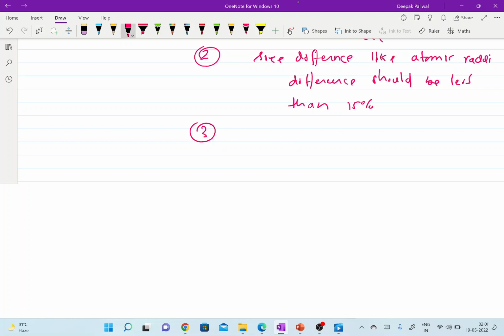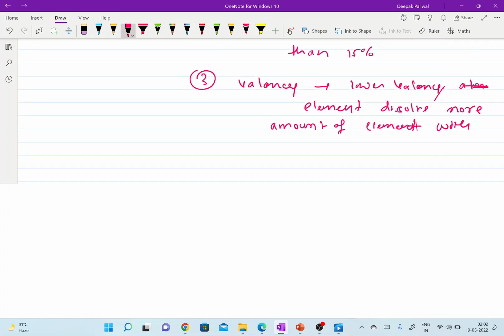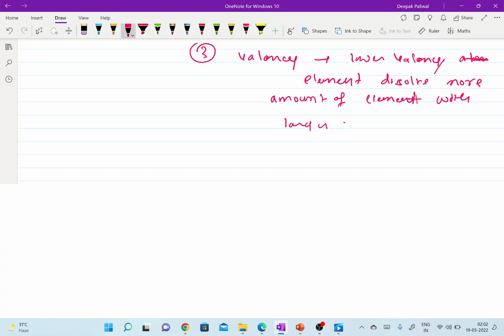A lower valency element dissolves more amount of an element with larger valency, or higher valency.